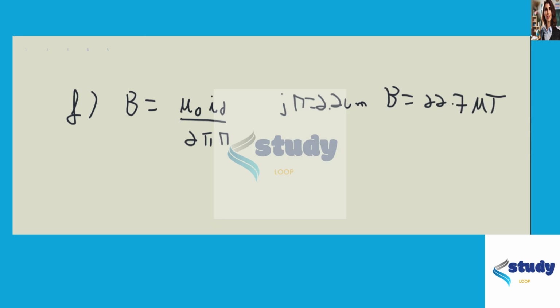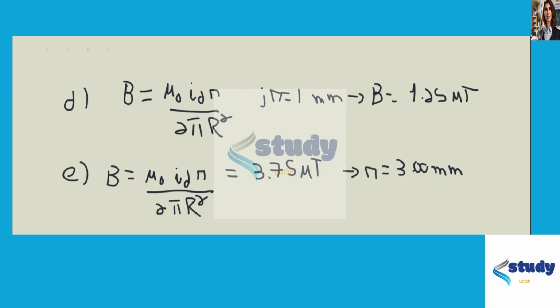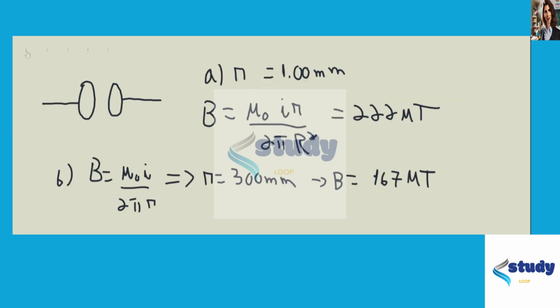And G, we want to explain now why the fields at the smaller radius are so different, but the fields for the large radius are not. So we'll notice that this field is equal to this field here, but for the small radius, we have a big difference.